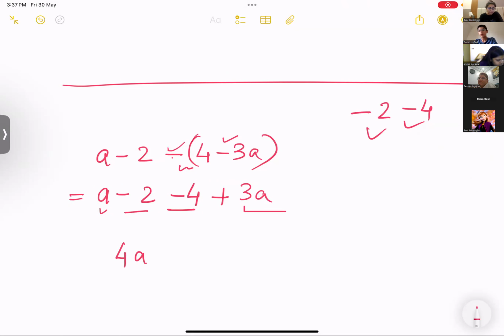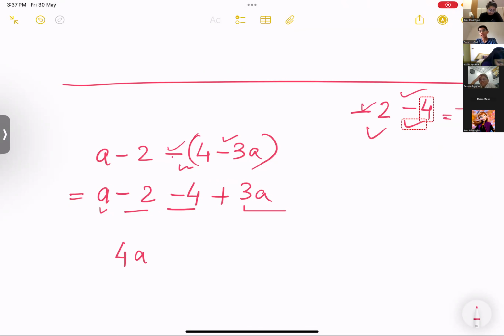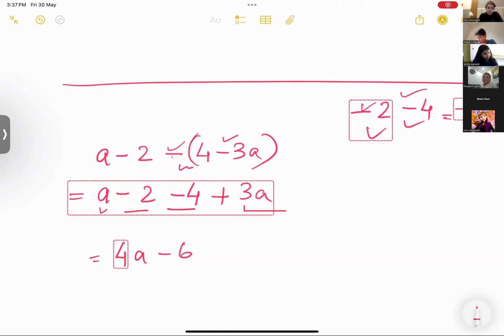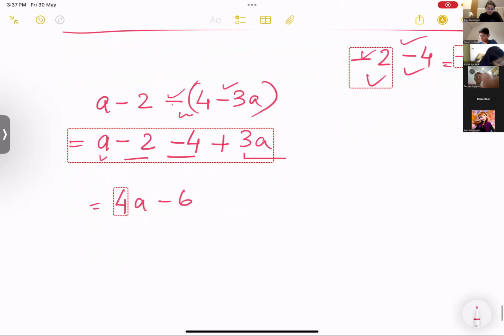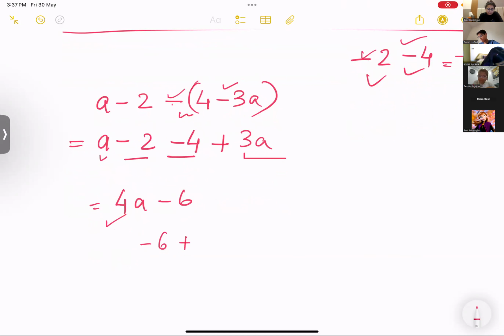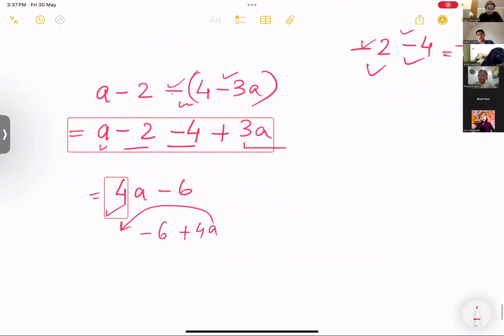So it becomes a 6, but the sign becomes a negative. So the answer is 4a minus 6. Check your answer. Always write the positive term first. Don't give the answer as minus 6 plus 4a. Reverse it.